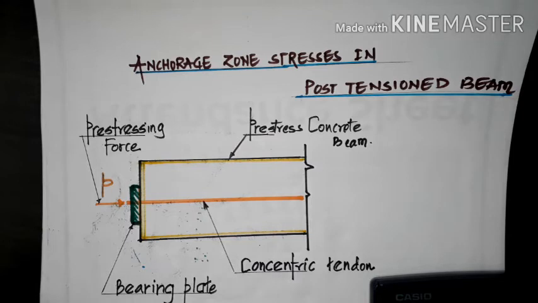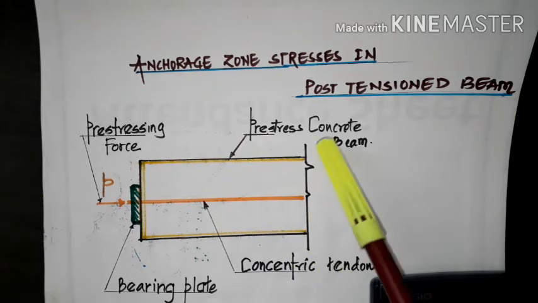And what is the anchorage zone? It is a portion of the structure or beam in which the concentrated prestressing force is transferred from the anchorage device into the concrete. Suppose we take up a beam here.